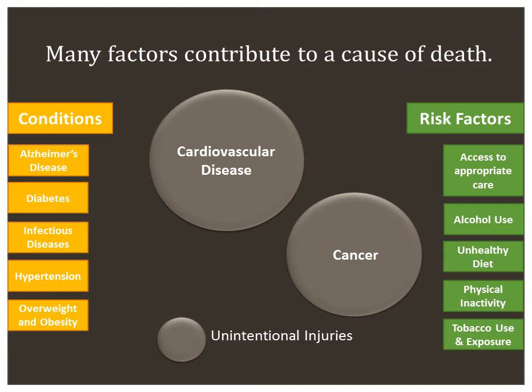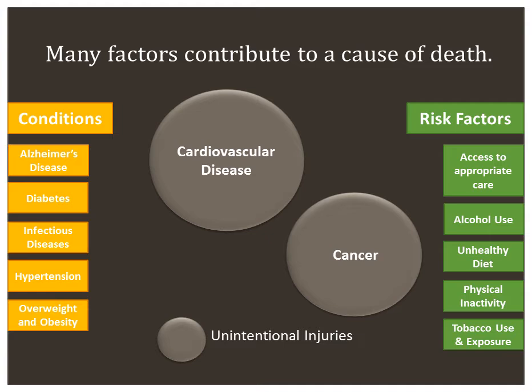We have health concerns like Alzheimer's disease, diabetes, infectious diseases, hypertension, overweight, and obesity. And there are risk factors that include behaviors and exposures like access to appropriate care, alcohol use, unhealthy diet, physical inactivity, and tobacco use and exposure.